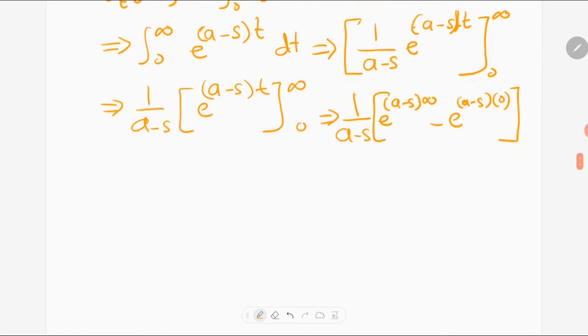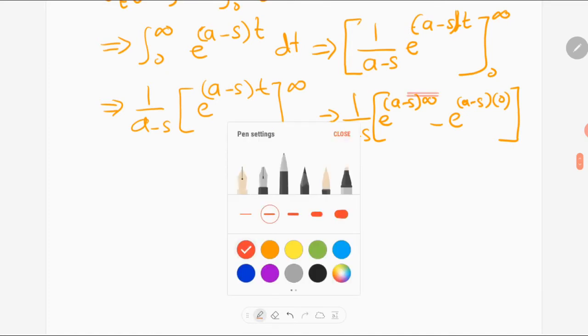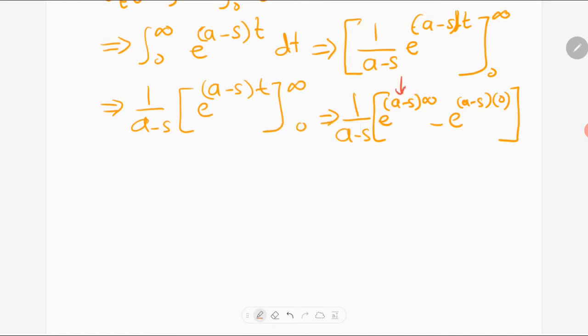Okay, so we want this part to be negative, right? Because if this is positive, e raised to power plus infinity will just explode and it will not converge to any value. But if this part is negative, a minus s is less than 0, what happens? E will have negative infinity, which will be equal to 0, right?